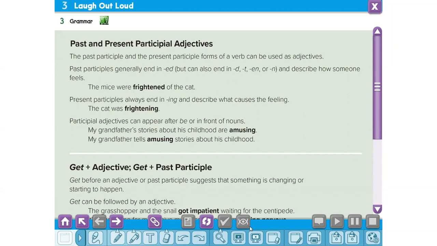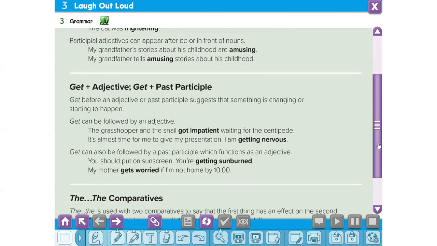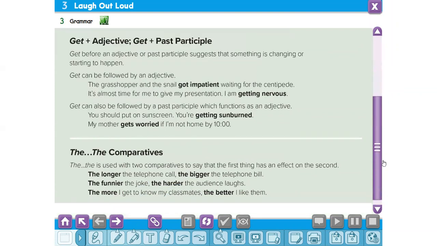Next point, get plus adjective or get plus past participle. When we use get before an adjective or before a past participle, we suggest that something is changing or starting to happen.